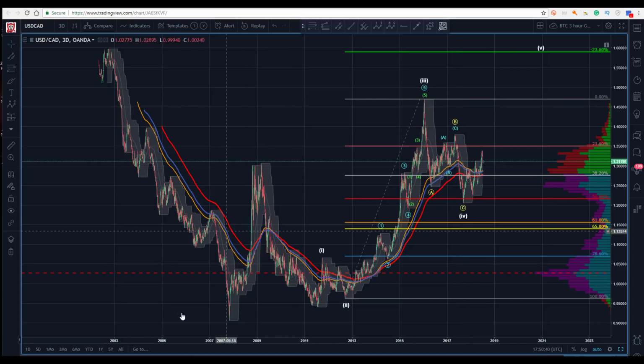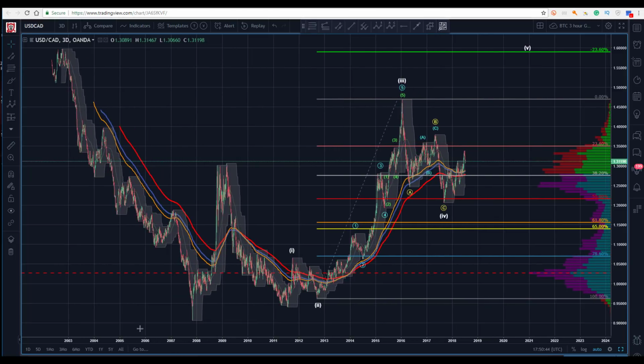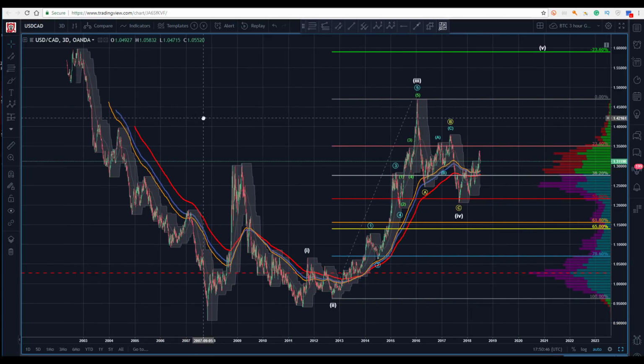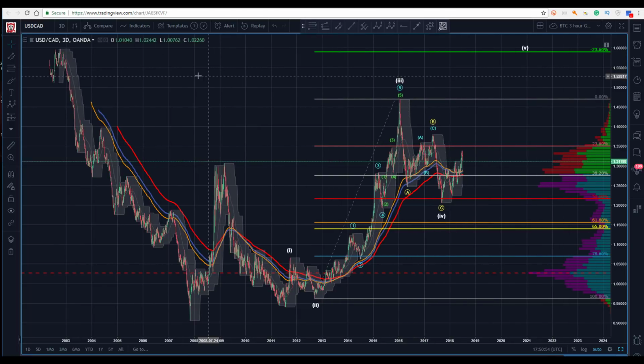So with that said, we're going to look at a couple of FX spreads today, and they will be analyzed exactly the same way as if we were looking at some alt or Bitcoin or name your crypto. It's the exact same thing, guys. That's the point I'm trying to make here.